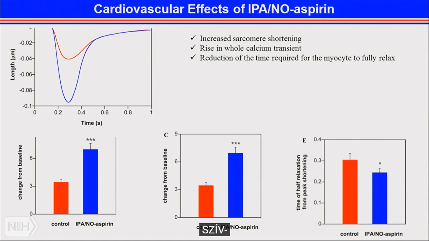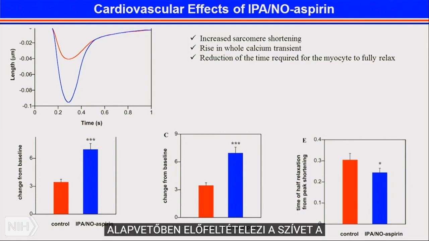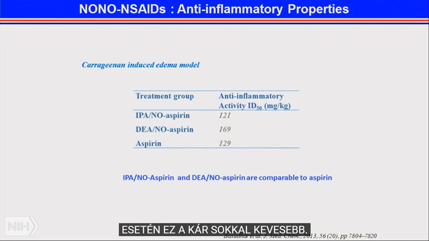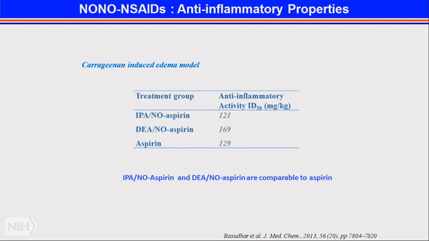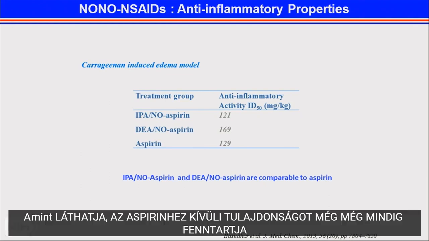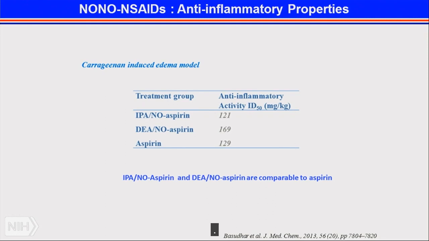So it basically preconditions the heart against heart attack, so that in the event of a stroke, the damage is much less. We also wanted to make sure that it still retains the anti-inflammatory property, and as you can see here, it still maintains similar anti-inflammatory property compared to aspirin.